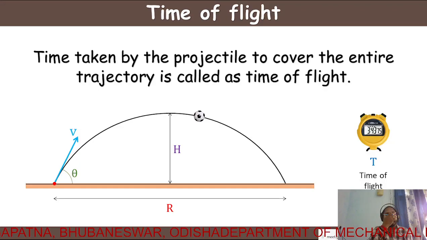So from the point of release, when you're releasing the cricket ball from your hand, until it reaches near the stumps where the wicket keeper is standing, into his gloves, the time taken by the projectile to cover the entire trajectory, from this particular point to this particular point, the total time taken by the particle following this trajectory path, is called the time of flight. All of you are clear?